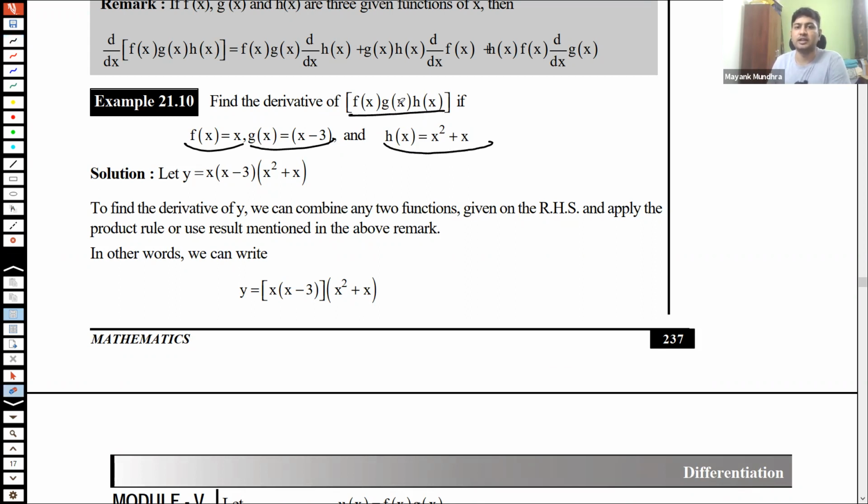He's asked you to find this differentiation. So you can take a minute to do this.